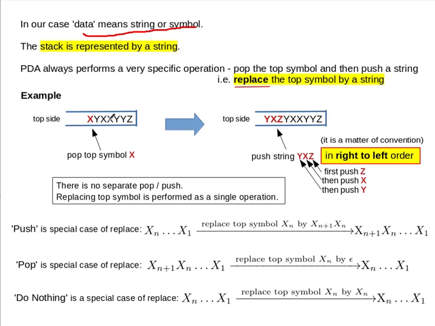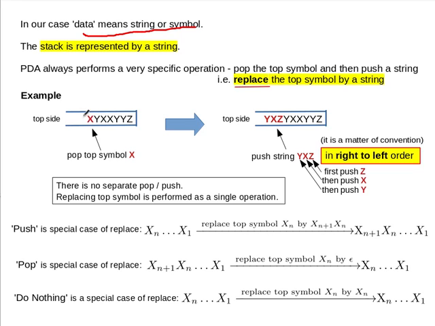Also, we adopt the convention that the top is at the left. You can also have the convention where it's written in the reverse order and the top is on the right, but for us it is convenient to write it this way, and the leftmost symbol is the top symbol.